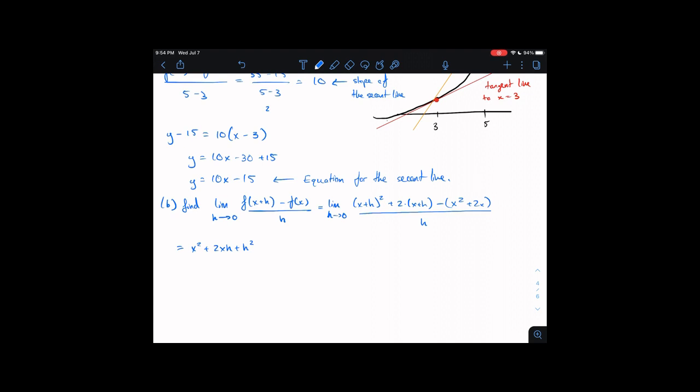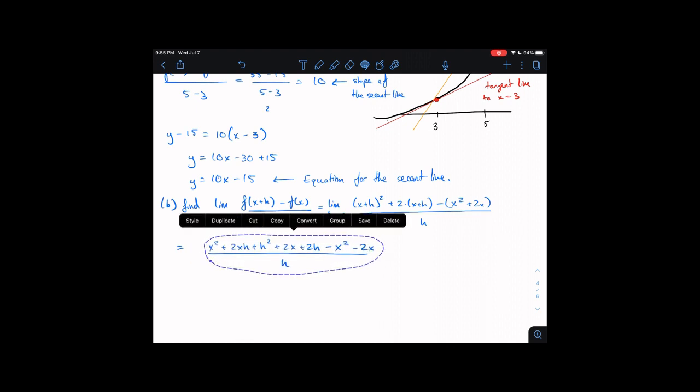If not, just do the foiling out and you'll see that it works out. 2 times x plus h is 2x plus 2h. Now I'm going to distribute this minus sign, minus x squared minus 2x. This is all over h, and I can't forget my limit. So I'll make room for it.